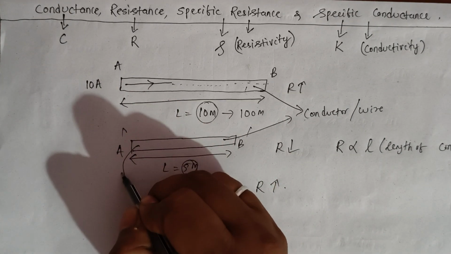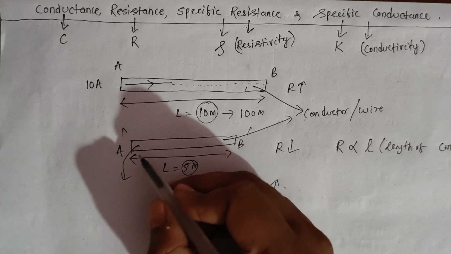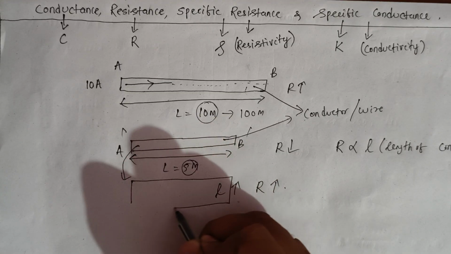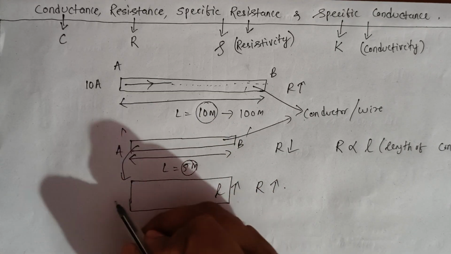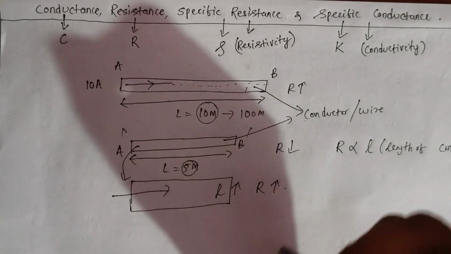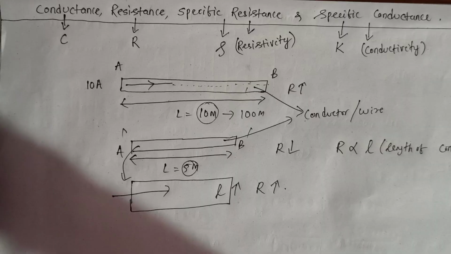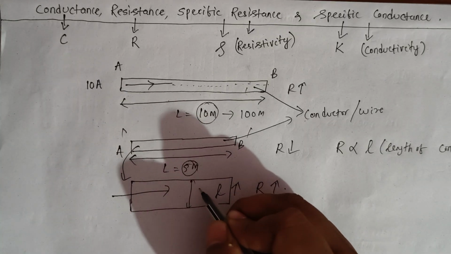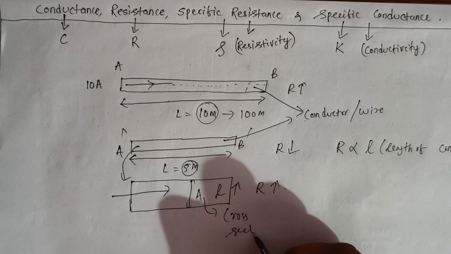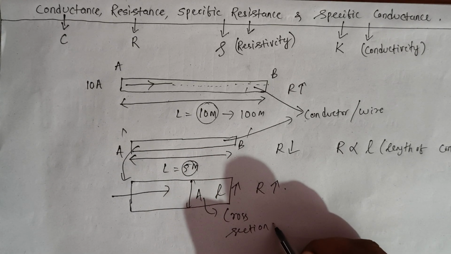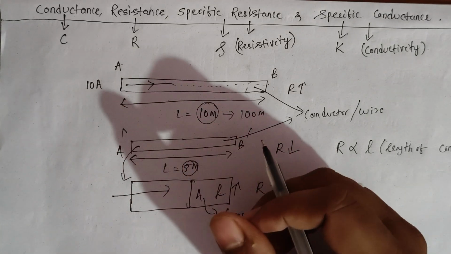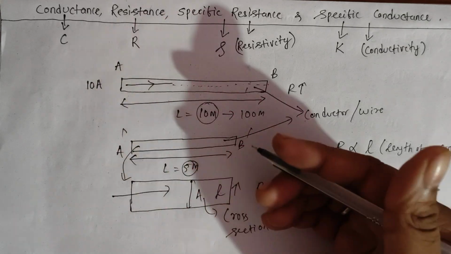If I increase the thickness of this wire, then what happens? Current flow will increase. Why? Because this is A, the cross sectional area. When area increases, the flow of current will be easier.